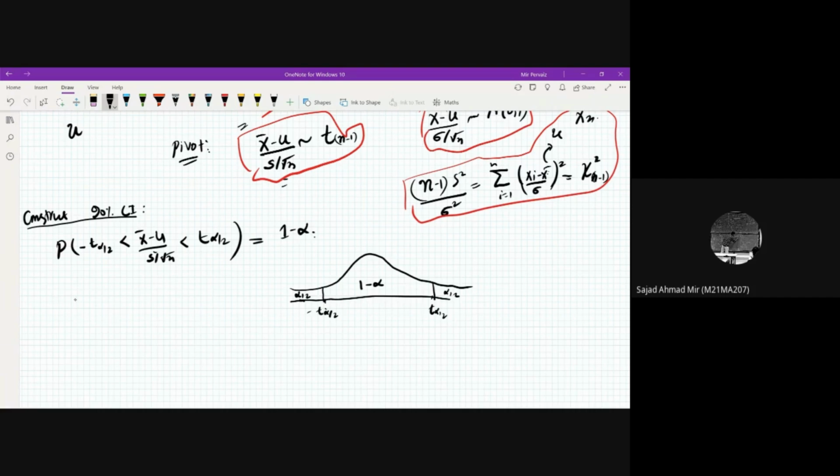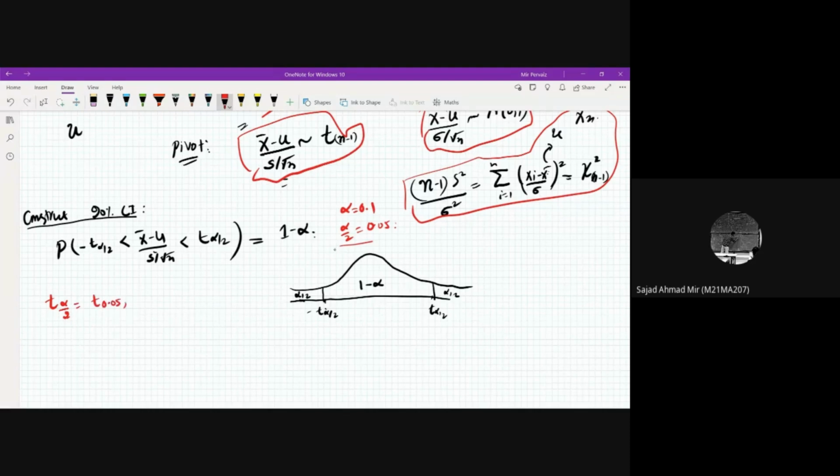So since you are calculating the probability values, if you go to the t table, then you have here alpha. You already told me that alpha is 0.1, right? Now alpha by 2 will be 0.05. Now with this, you have to look into the t table, and you have to find t alpha by 2, which is t 0.05.